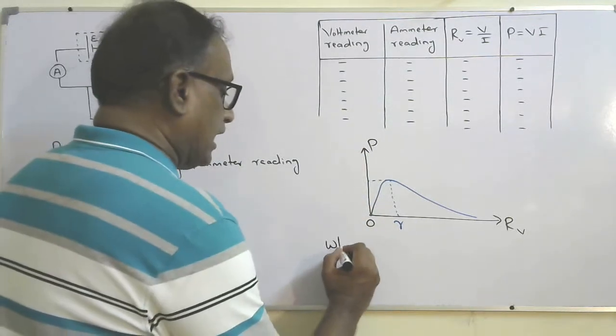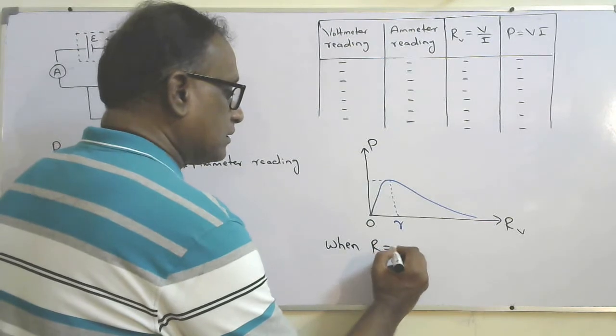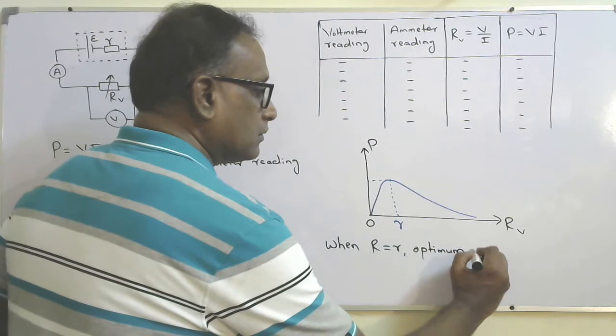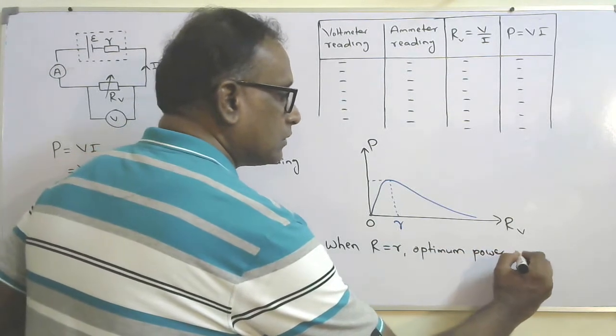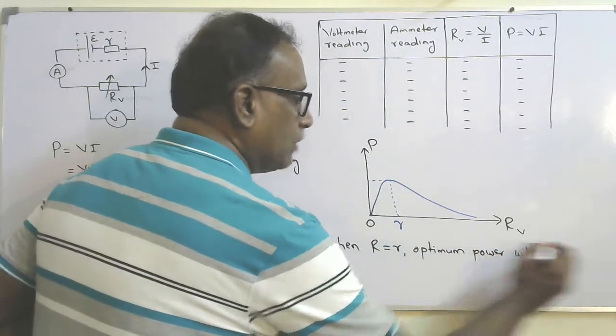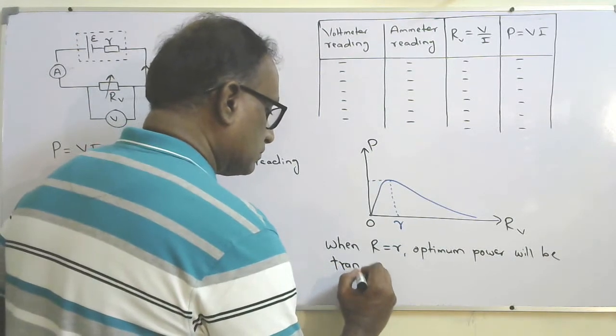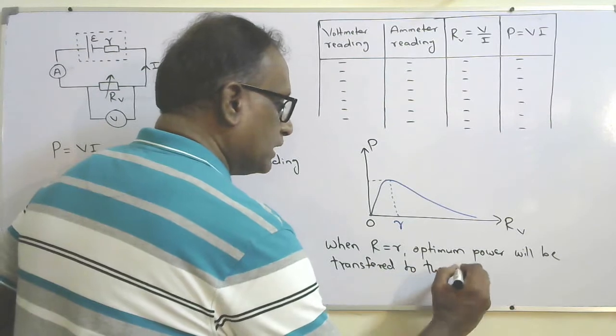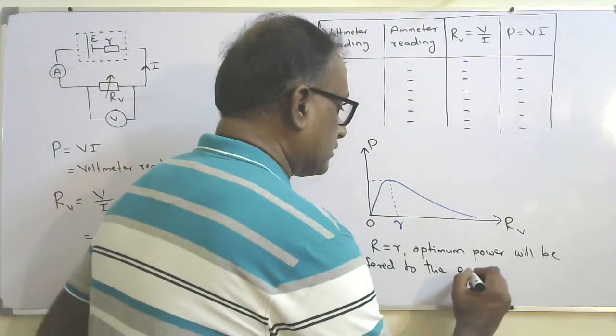That means when R equals r, optimum power will be transferred to the external component.